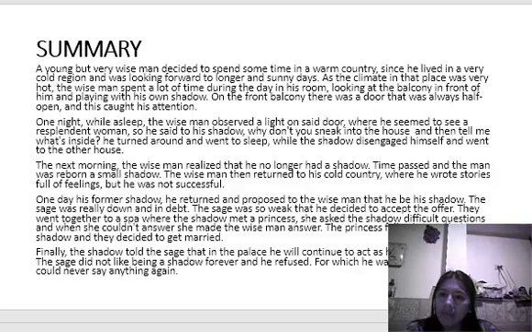The next morning, the wise man realized that he no longer had a shadow. Time passed, and the man grew a small new shadow. The wise man then returned to his cold country, where he wrote stories full of feeling, but he was not successful. One day, his former shadow returned and proposed to the wise man that he be his shadow.